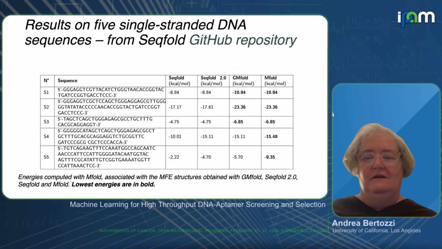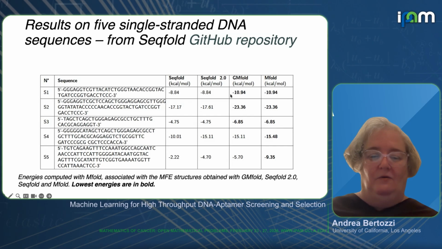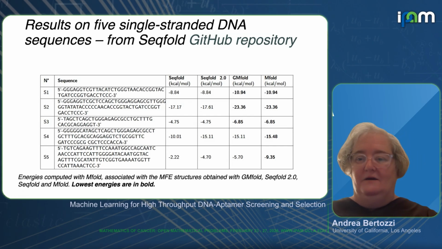So that's great. We have some comparisons between GM-fold and M-fold. We have some examples from the SecFold GitHub repository of sequences of interest, and you can see the lowest energies. Sometimes we're matching M-fold, sometimes we're close but not exact, and we're consistently beating the SecFold code, and we know why, because there are some errors in that.